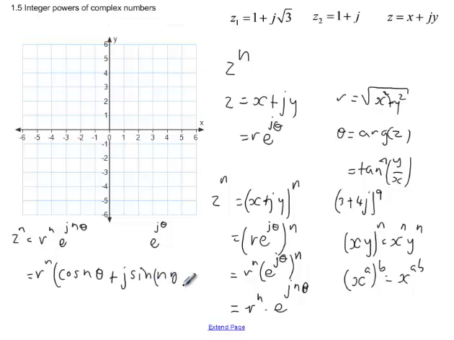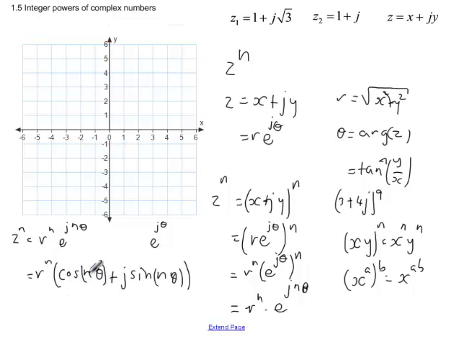Maybe we need brackets here to avoid that repetition of sign that could confuse. Then that's that. That's a formula for elevating a number to the power n. And this has got a meaning.